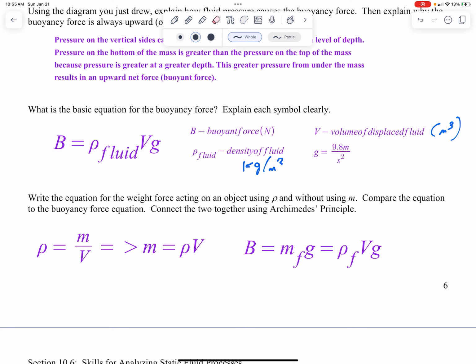So the weight of an object is mg, mass of an object times g, sorry, this is supposed to be mass of an object. Then it's the density of the object times volume of the object times g. So that's how you can write the weight in terms of density rather than in terms of mass.